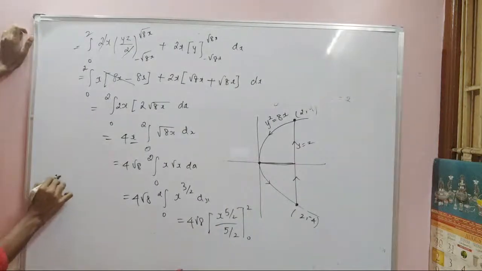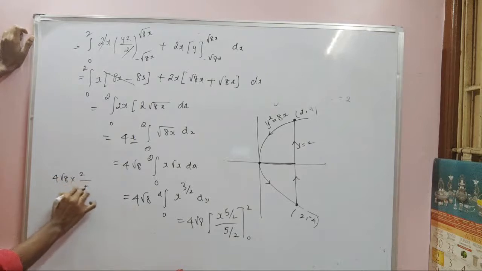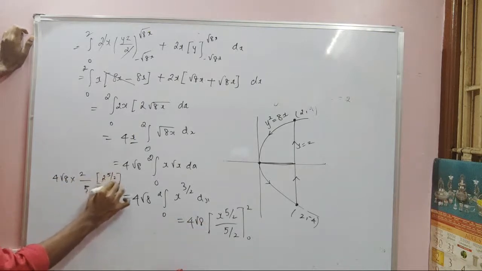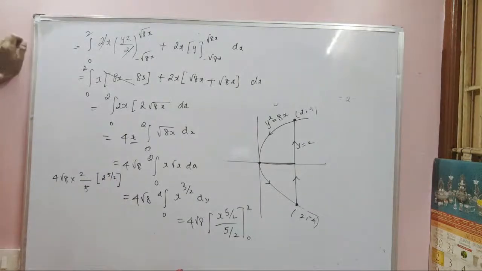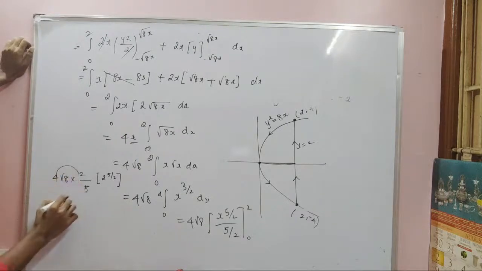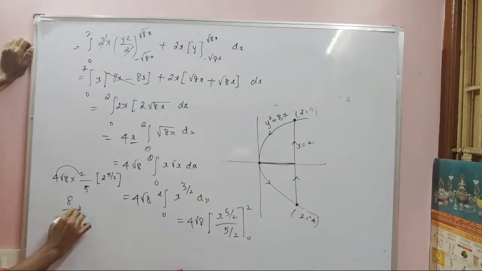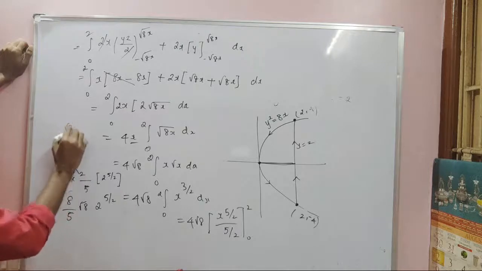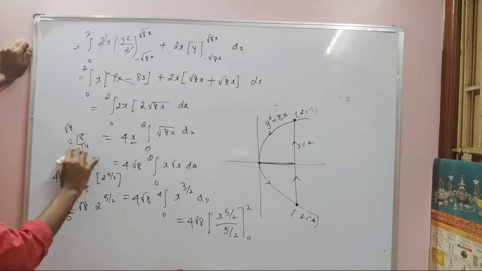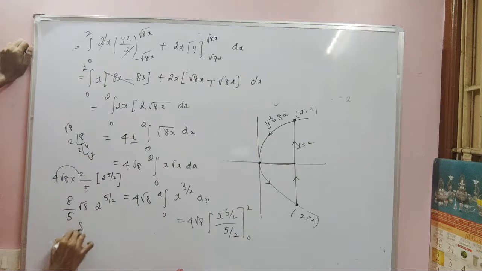So this will be 4 root 8 into 2 by 5, since 5 by 2 becomes 2 by 5, and the upper limit will be 2 power 5 by 2. Now I need to simplify this. 4 twos are 8, so we have 8 by 5 into root 8 into 2 power 5 by 2.